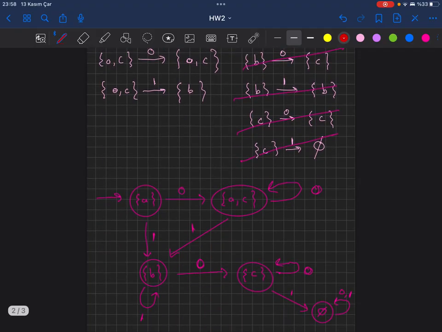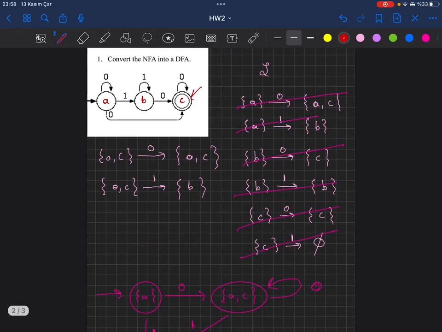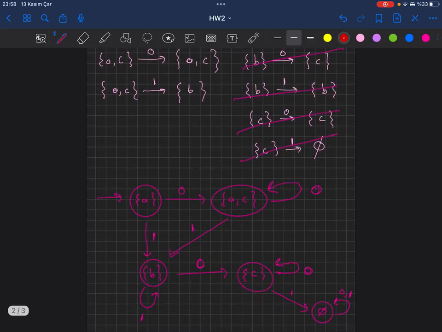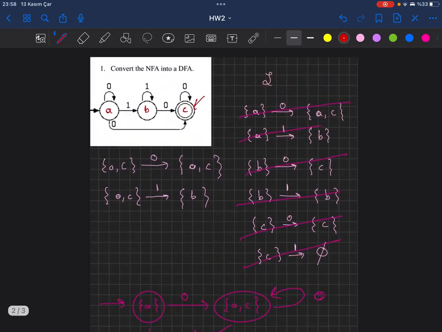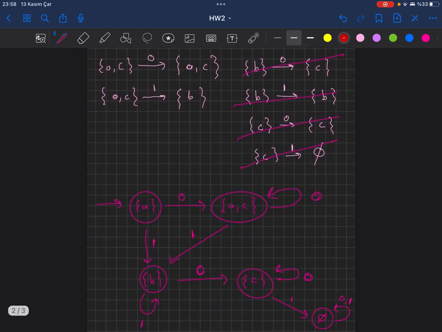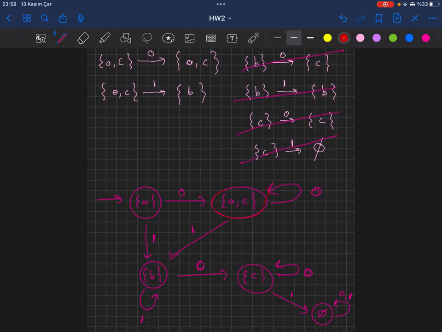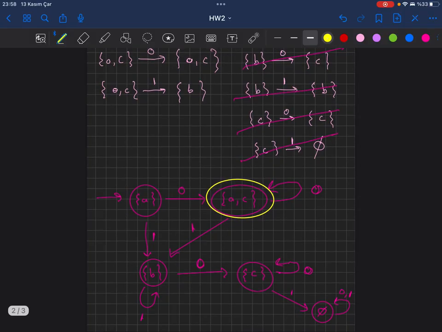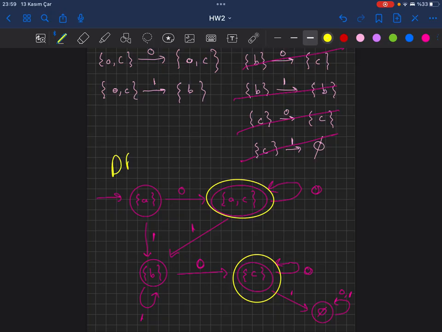So in the DFA diagram, when you see the final state, you should draw a double circle. So I will draw a double circle here. Okay, sorry about the shape. And here, there are two acceptance states in the DFA diagram.